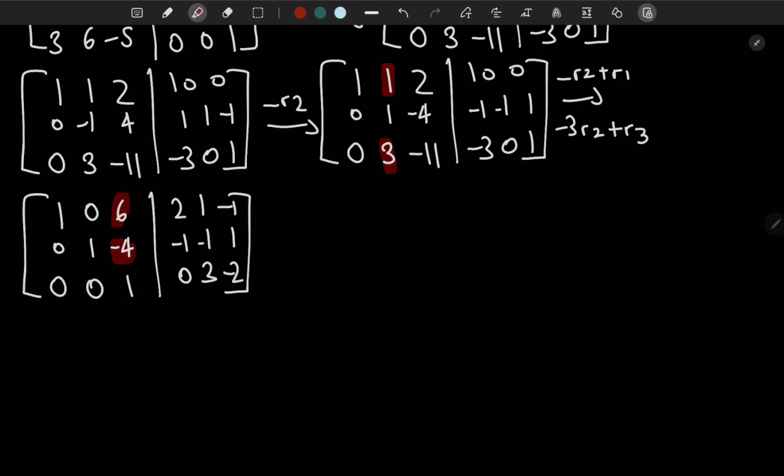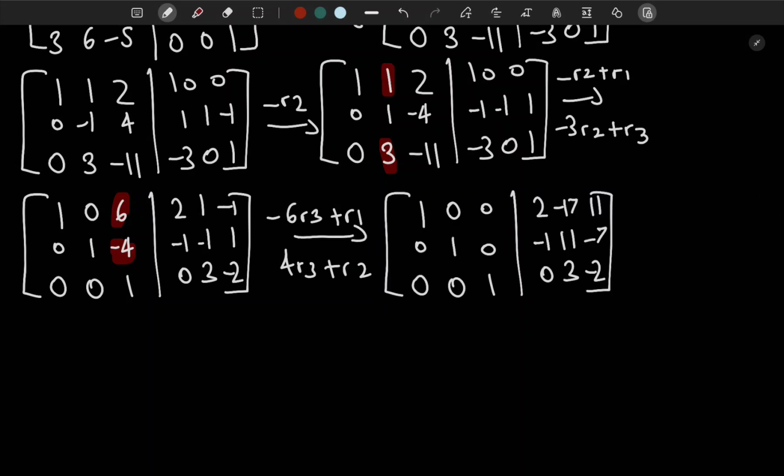So we have all the pivots now. There's just these 2 digits above the last pivot that we need to get rid of, and we can do that by simply adding minus 6 R3 plus R1, and then plus 4 R3 plus R2, and this will give us the final matrix.